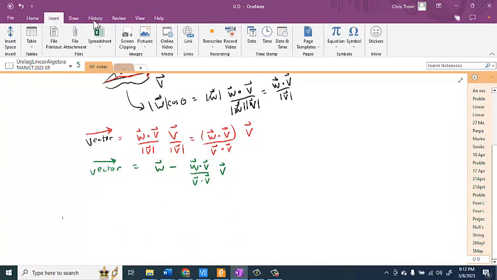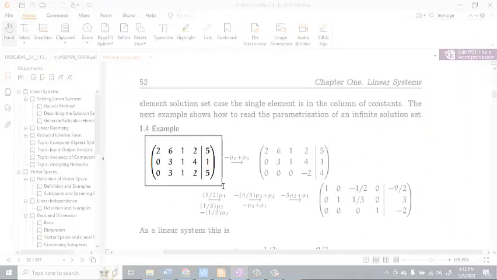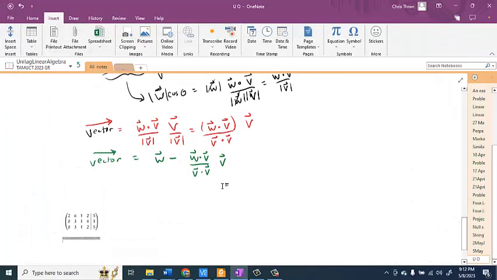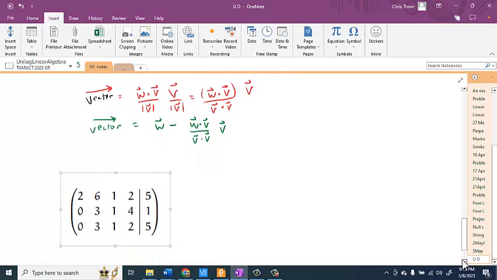So we'll insert the screen clipping. What are we doing here? We are solving for the vector equation.